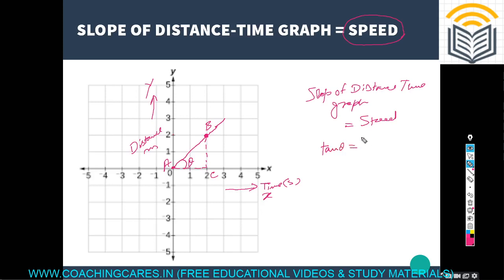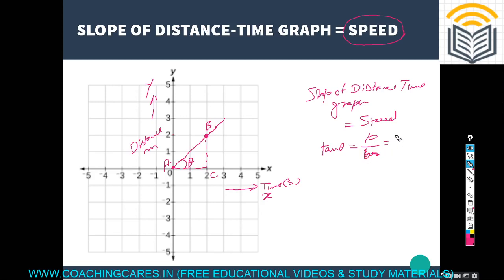So the slope of this will be tan theta, which will be equal to perpendicular to hypotenuse, as you know in trigonometry. So this will be equal to what? Sorry, perpendicular to base.